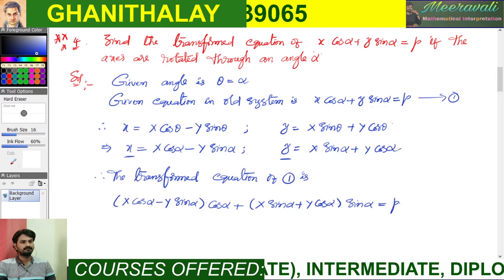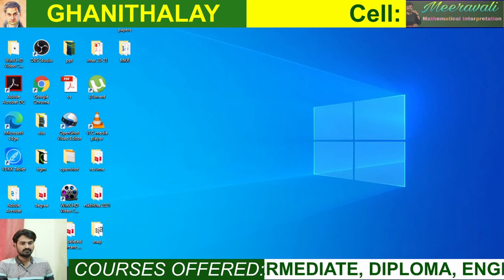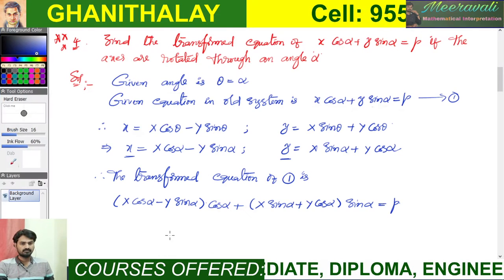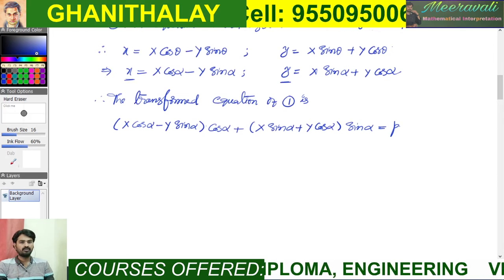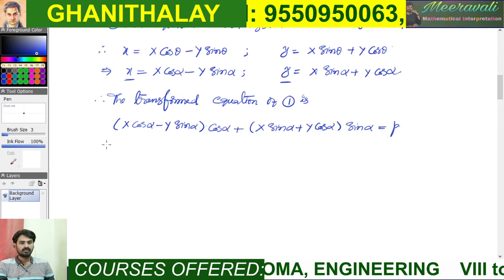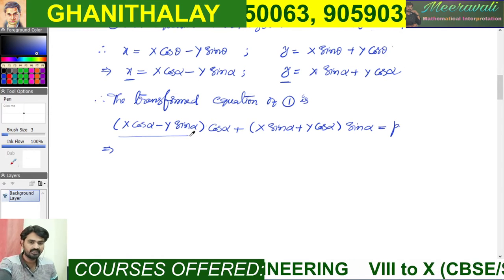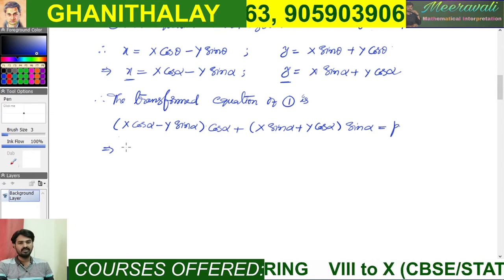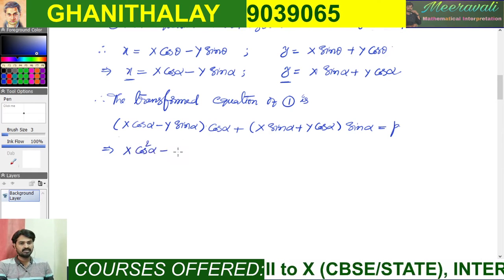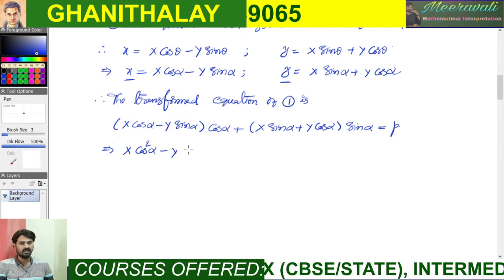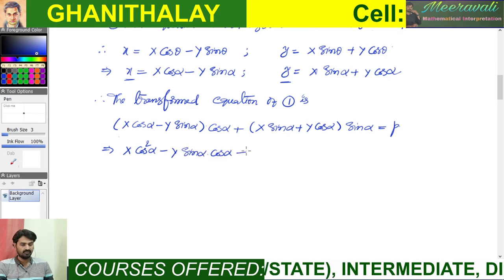Now multiplying this total term by cos alpha, how much will you get? X cos alpha into cos alpha, x cos square alpha minus y into sin alpha into cos alpha is sin alpha cos alpha.